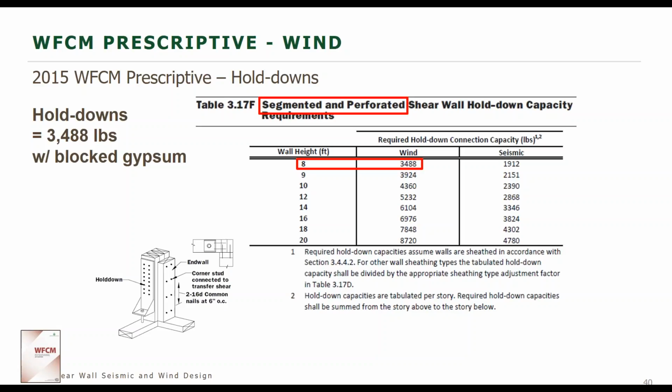And for SPDWS, again, you're allowed to have some of that overturning force resisted by the dead load for the hold down. And I do believe, correct me if I'm wrong, the uplift forces for the anchor bolts, the tabulated values, do have a portion of dead load assumed based on the wall dead load.